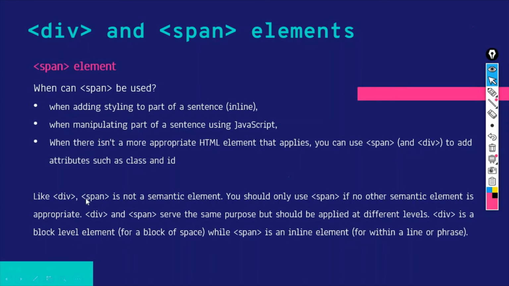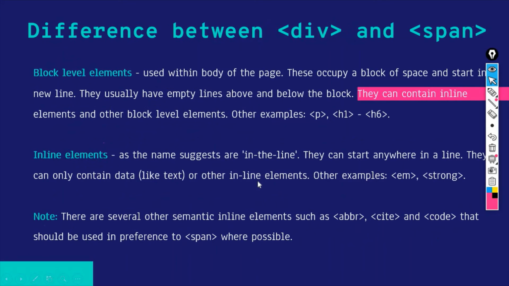Like div, span is not a semantic element, so you should only use span if no other semantic element is appropriate. Div and span serve the same purpose but should be applied at different levels. Div is a block level element for a block of space, while span is an inline element for within a line or phrase.